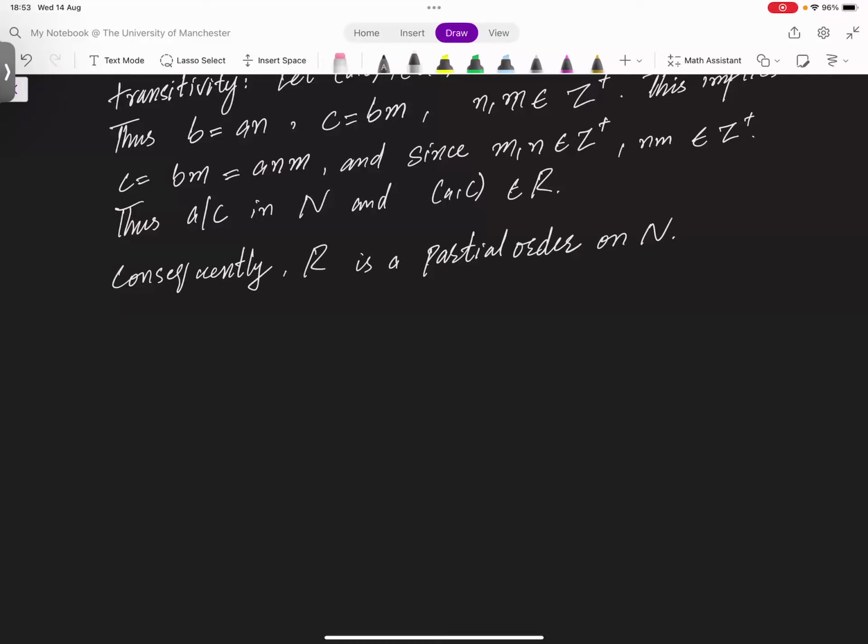Now, another example which can help us to understand that more clearly.